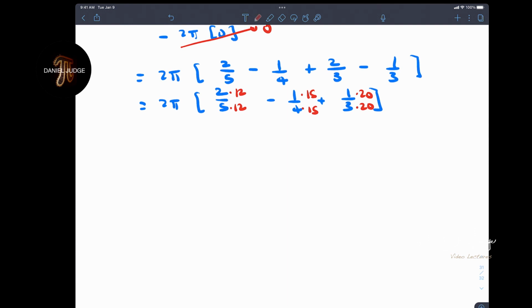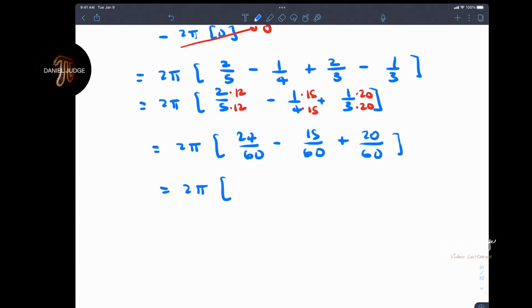Okay. 2 pi, 24 over 60, 15 over 60, 20 over 60. 2 pi. Now I have to add my numerators. 24 plus 20 is 44.